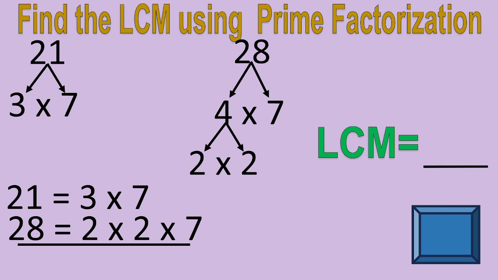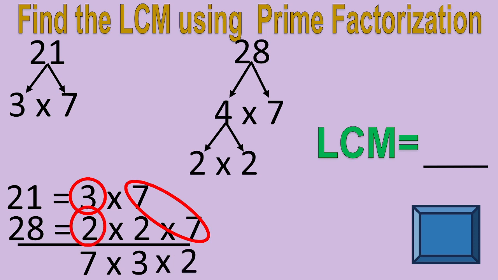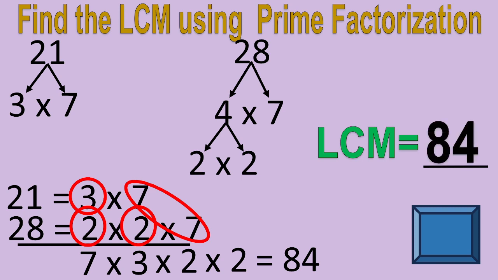And the prime factorization of 28 is 2, 2, and 7. So the common prime factor of 21 and 28 is 7. And the uncommon prime factors are 3, 2, and 2. So, 7 times 3 times 2 times 2 is equal to 84. So, the LCM is 84.